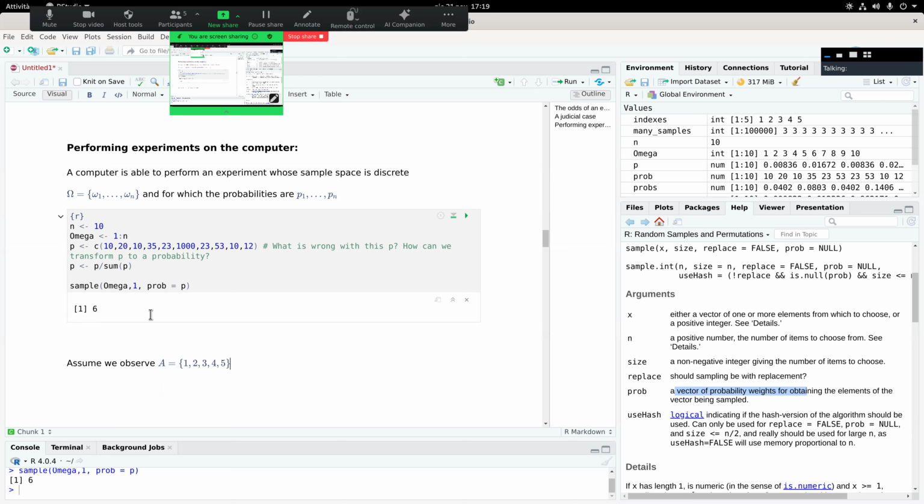Now, define the conditional probabilities, and sample from them.